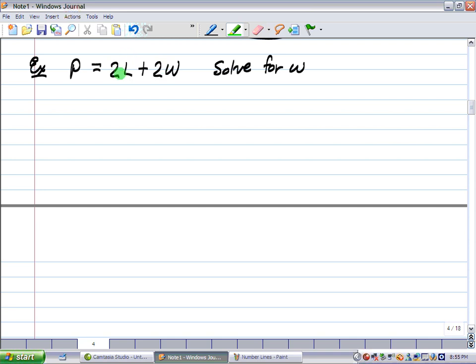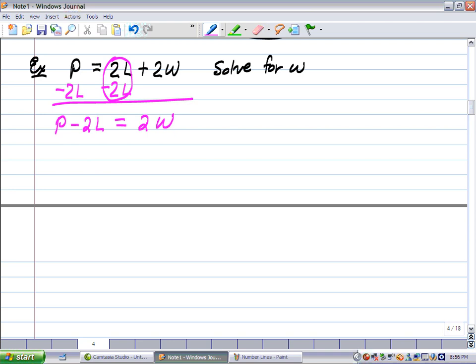So we want to get rid of the 2L term. To get rid of the 2L term, it's added, so I'm going to subtract it from both sides. On this side it becomes nothing. What about on the left? Well, P and 2L are not like terms. Remember, we cannot combine terms unless they're like terms, so all we can do is write them next to each other. P minus 2L equals 2W.